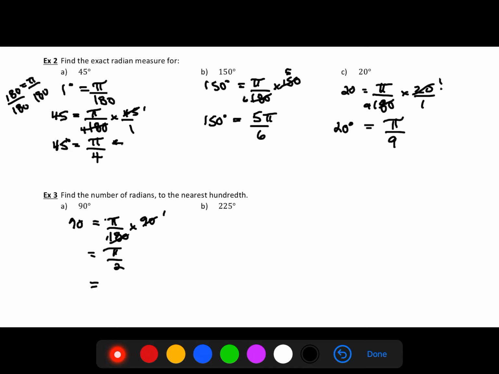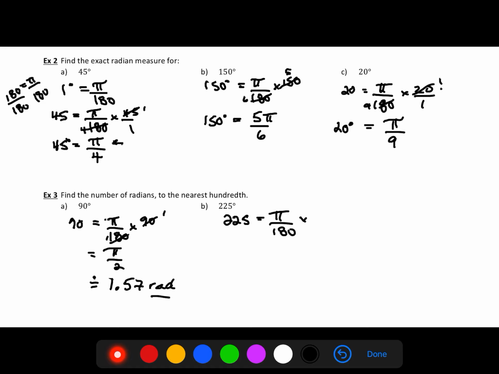In our calculators, we are simply going to put in pi from our pi button divided by 2. When we do that, we're going to round to 2 decimal places. So we get 1.57 radians. Here, because we don't have the pi as part of our measure, we do want to put RAD, or radians.